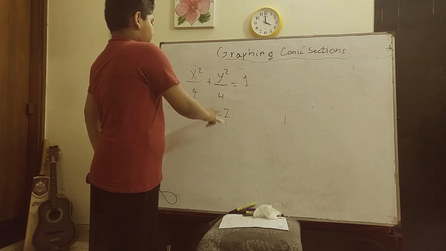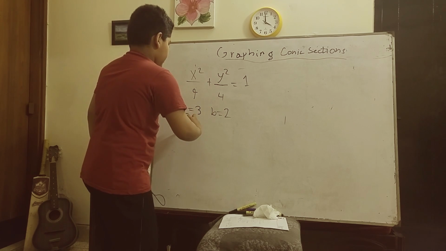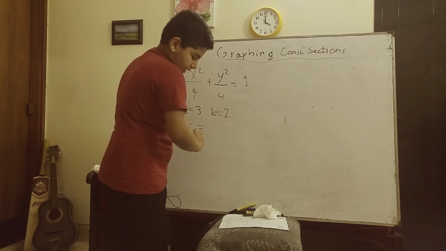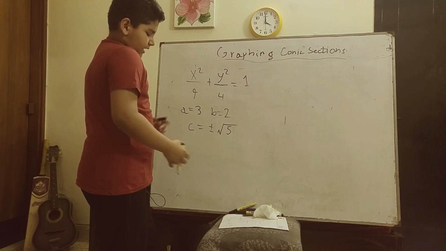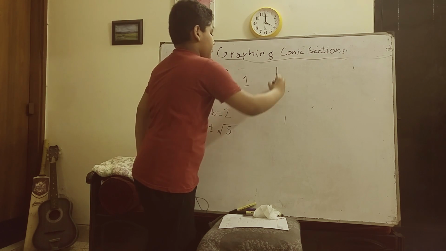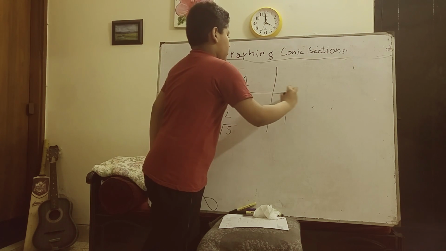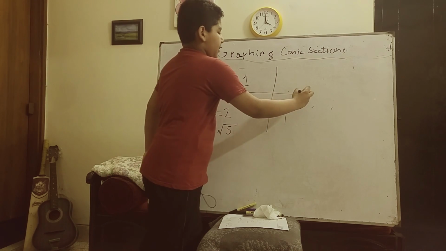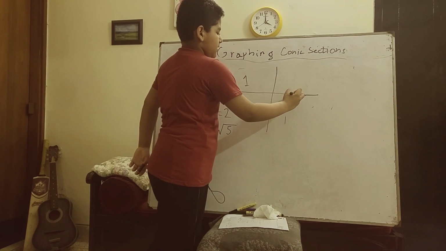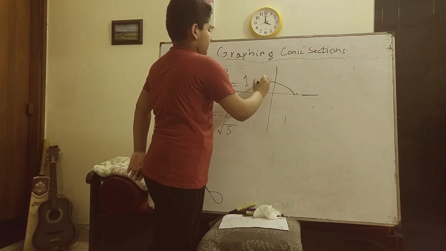So now if we plug them into the other equation, that means c will be equal to plus or minus the square root of 5. And this is kind of the center point we're talking about. So on the graph, we can plot these points, the minor and major axis. Here would be 3, here would be 2.